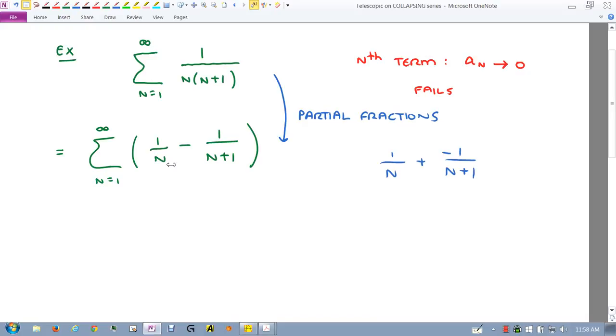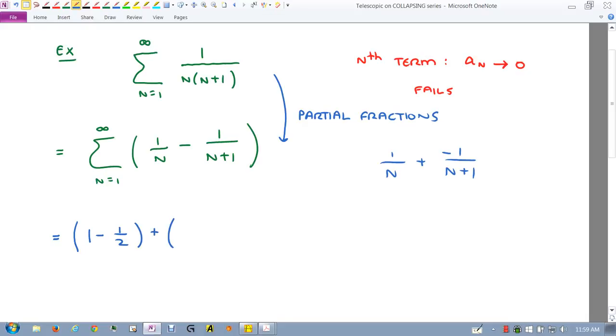Now, how does that help us? Well, let's start writing out the terms of this series right now. So plug in 1 and tell me what you get. Plug in 1. First thing you get is 1 minus a half. Do not simplify that. But do you agree that's the first thing you get?